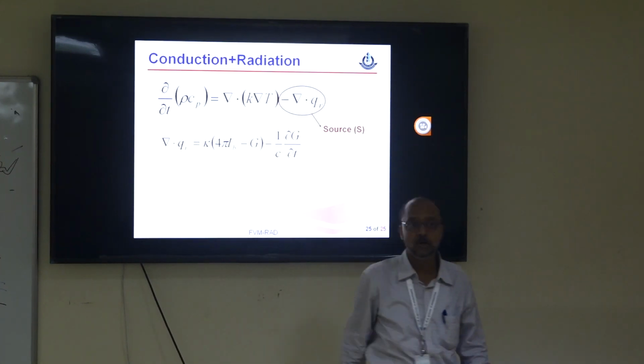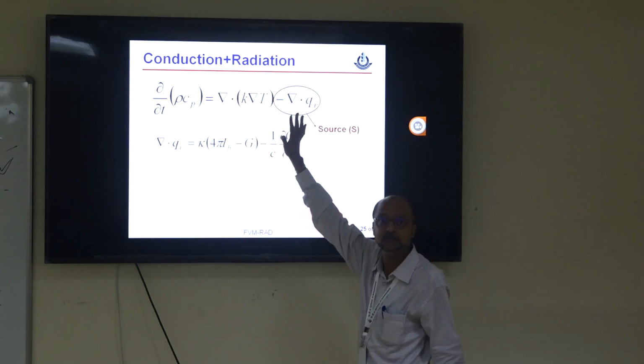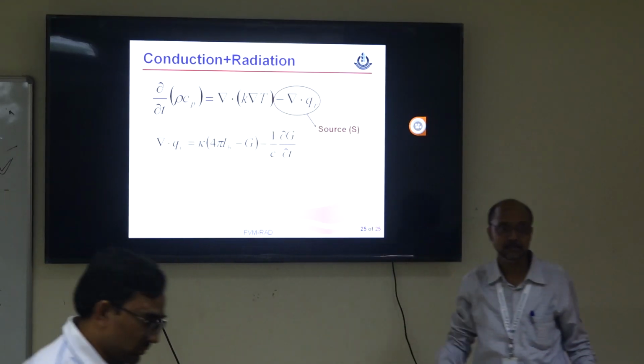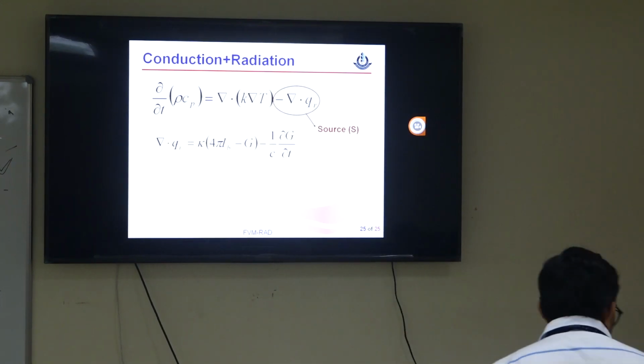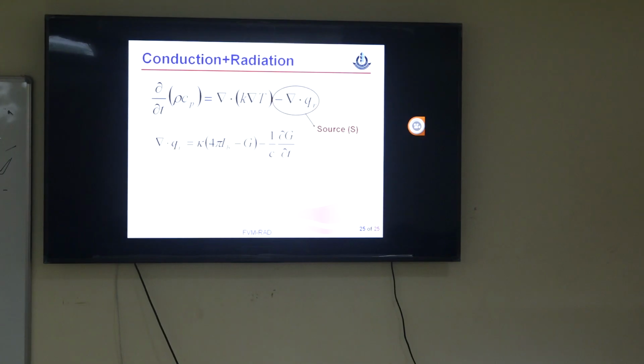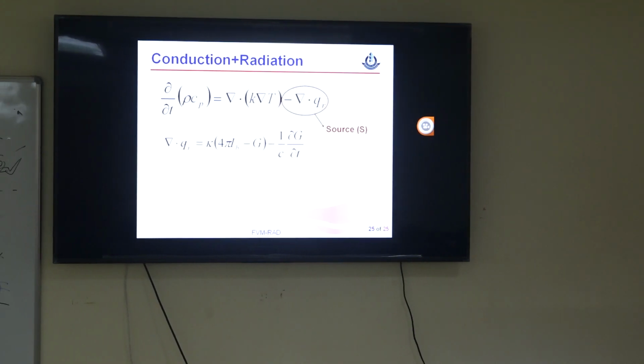So there is no more change. For conduction radiation and conduction convection radiation, only you have to calculate this. And the rest of the things are quite known. And this equation can be solved using conventional CFD techniques.